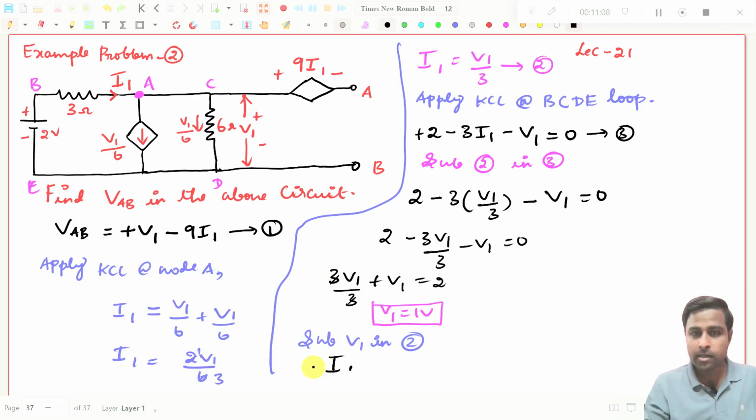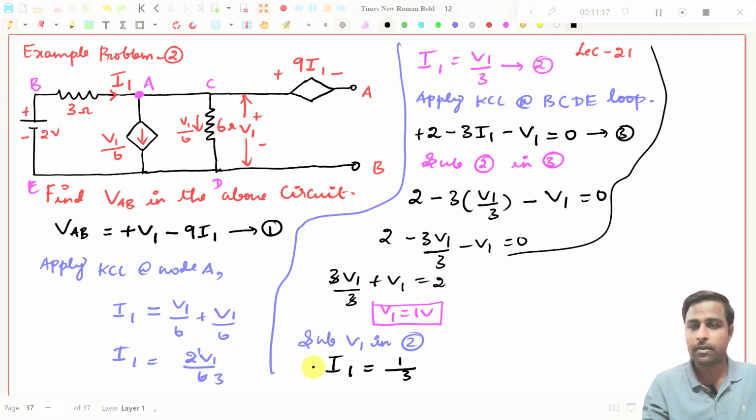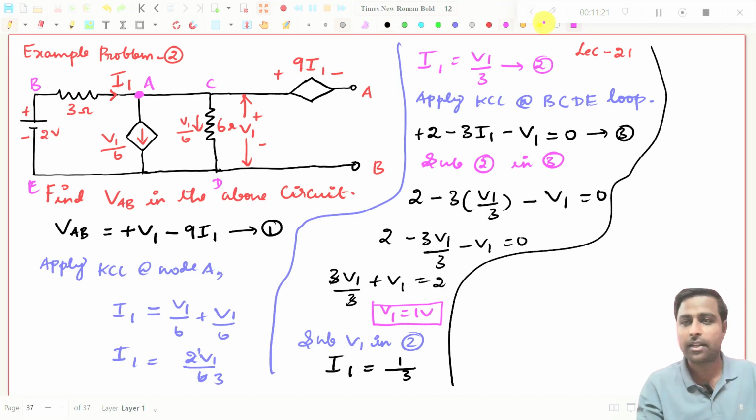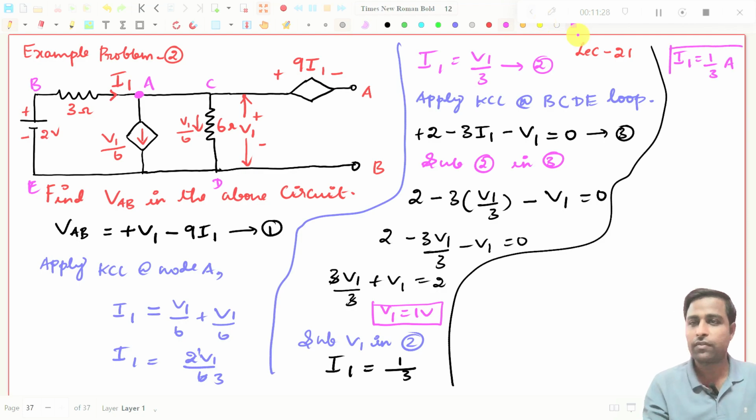I1 will be equal to, what is V1? That is 1 divided by 3. That's all right. I have got the value. What is I1? I1 is equal to 1 by 3 amperes. That is one value. So we have found what is I1 as well as what is V1.